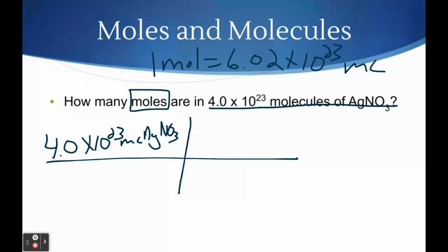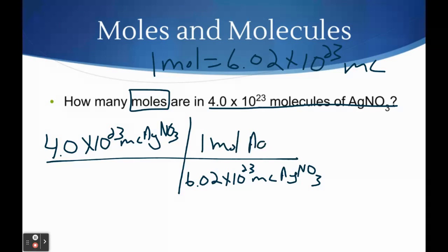Okay. So now, in this problem, we want to put 6.02 times 10 to the 23rd molecules on the bottom, and 1 mole on top, because moles is what we are trying to get. So now you're going to do 4.0 times 10 to the 23rd molecules times 1 divided by 6.02 times 10 to the 23rd. So molecules is going to cancel out.